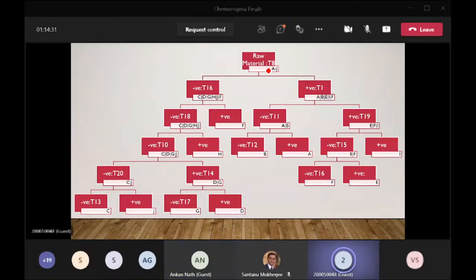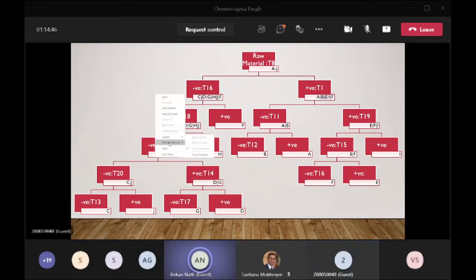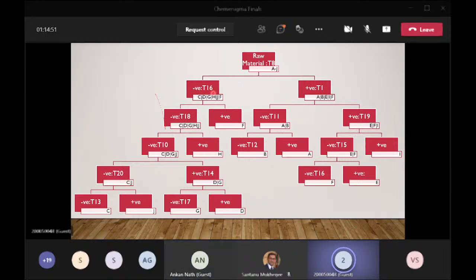The raw material that gives us a negative test, we'll run T16 on it. And then if its sample gives us a negative test for T16, I'm sorry, the laser pointer wasn't on. And if we get a negative result for T16 over here, that will be this slab. And then we run T18 on it. Does that help? Right. Yes, thank you.